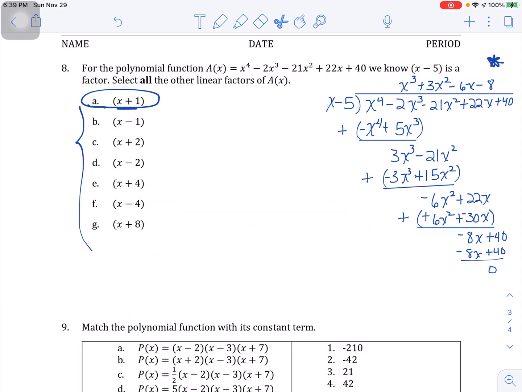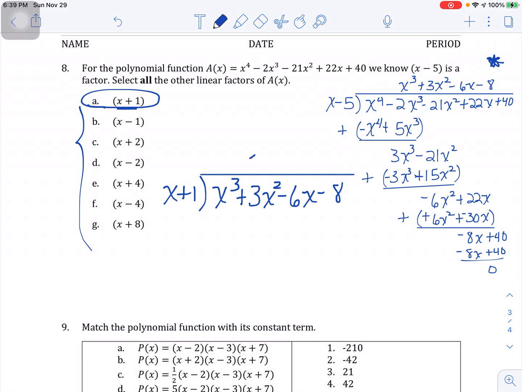So let's divide the x cubed plus 3x squared minus 6x minus 8 by x plus 1. And we'll use our long division again. And then we should be able to get it down to a quadratic, which we can factor hopefully easily enough.